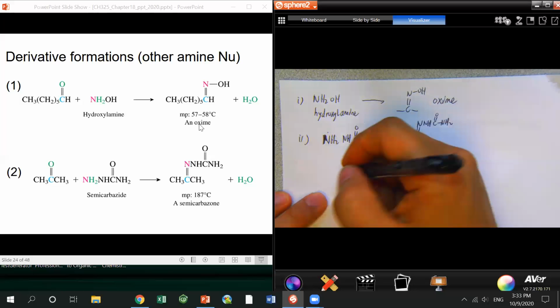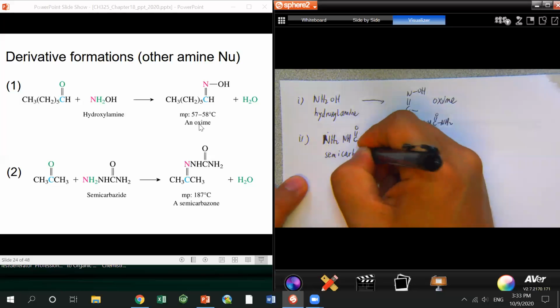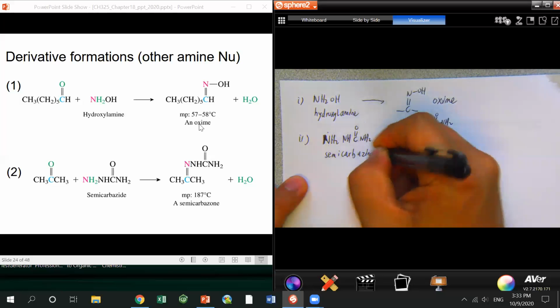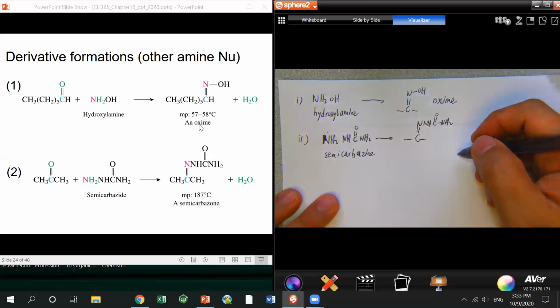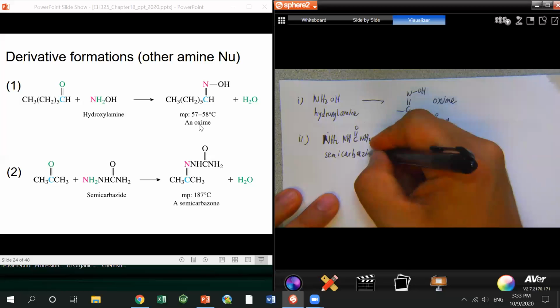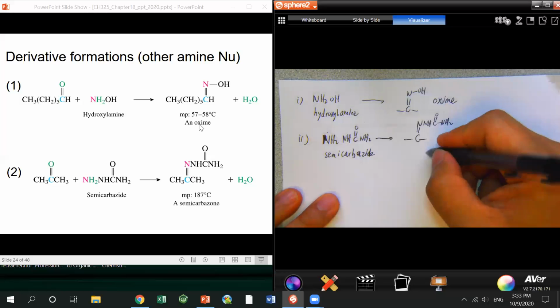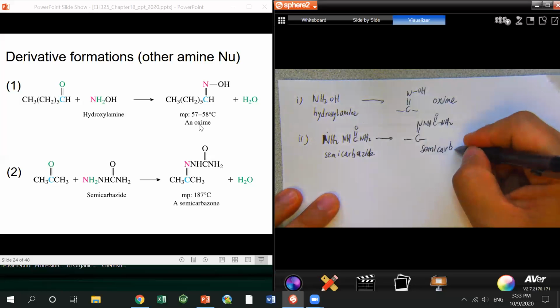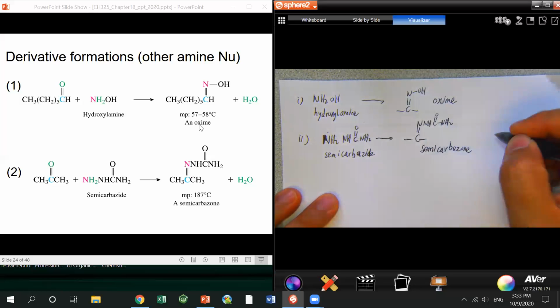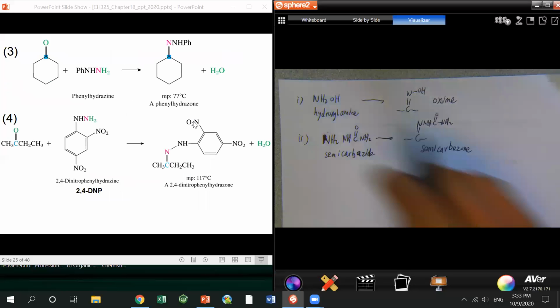The starting material is called semicarbazide, and the product we call semicarbazone.